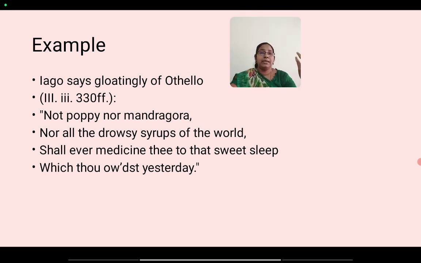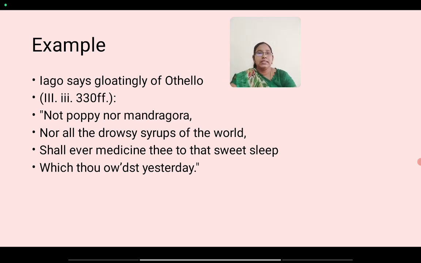So when Othello has slept very well, Iago is seriously, yet ironically, telling him how he has rested the previous day, in a very exaggerated manner. That is, Othello had a peaceful sleep, that's all, but we find he is exaggerating it into a very elaborate thing, saying not poppy. Poppy seeds have the effect of arousing drowsiness.